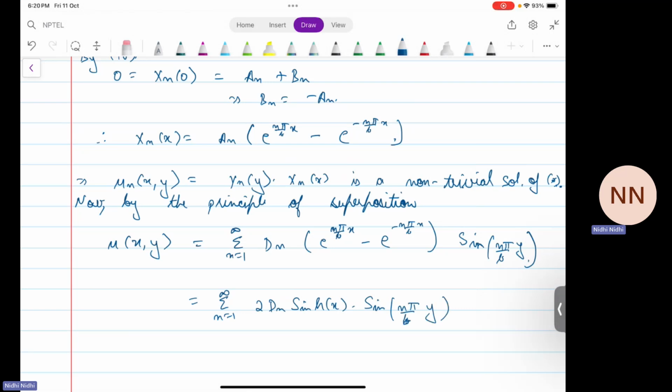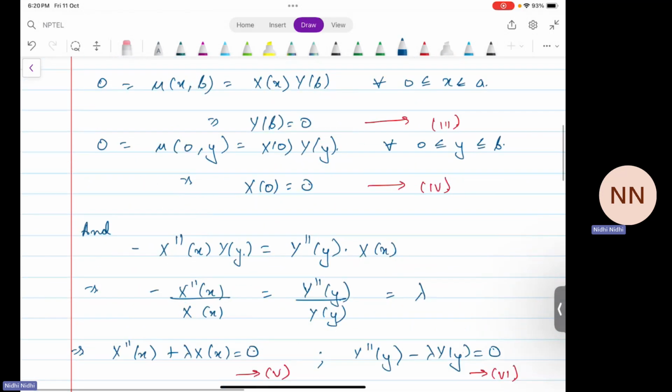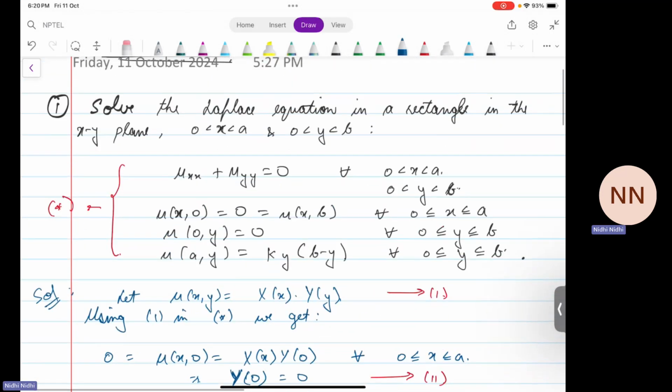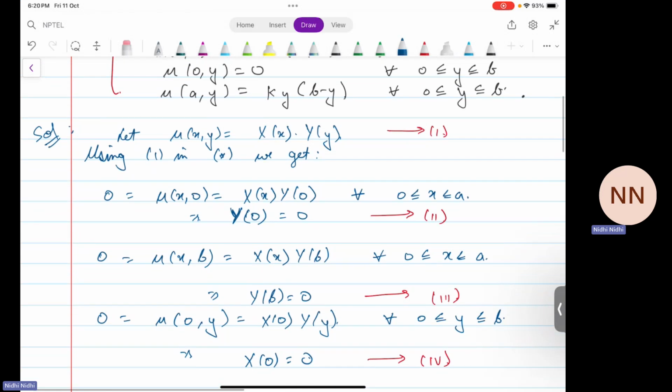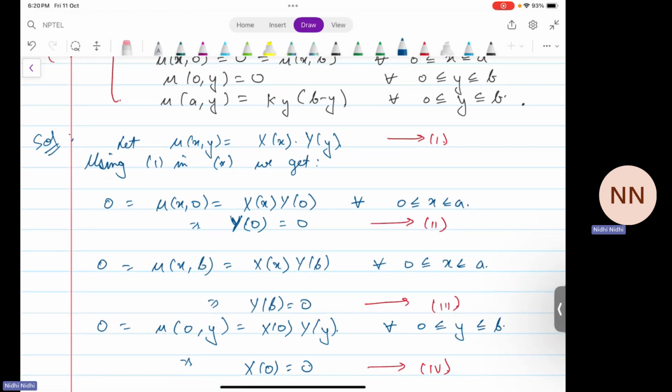So till now we have used the first three boundary conditions. We haven't used the last one, so let's use that. We are given that u at a comma y is ky times b minus y.